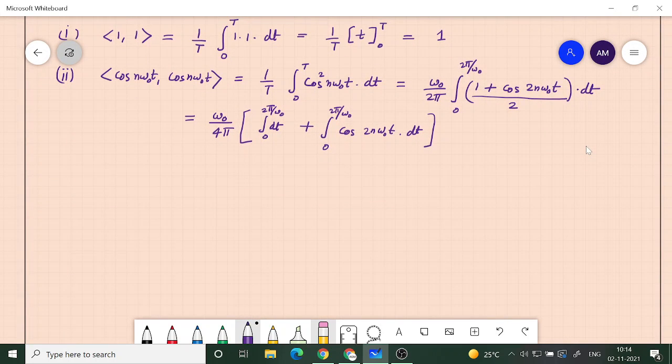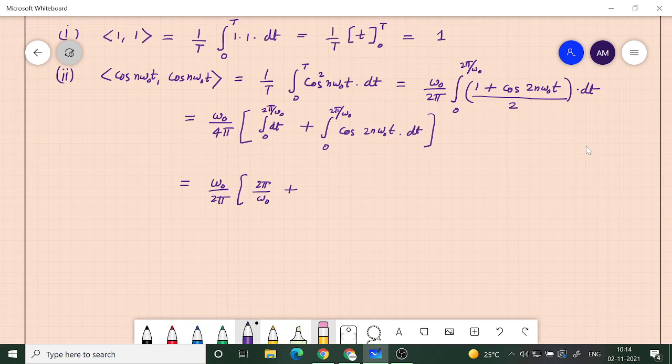Okay, so the first part is easy. Omega naught by 4 pi, you integrate, you get T, so it will be basically 2 pi by omega naught.